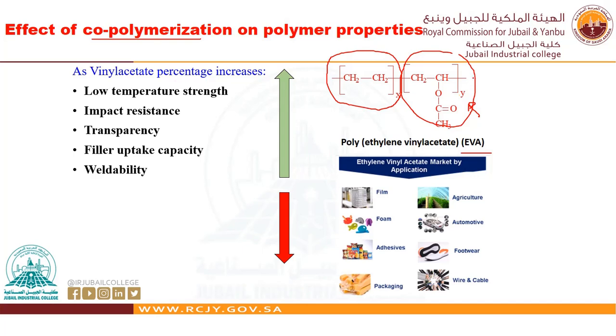As you increase the amount of vinyl acetate monomer, the low temperature strength will increase, impact strength will increase, transparency will increase, filler uptake capacity will increase, and weldability will also increase. But hardness, melting point, and barrier properties will all decrease as you increase the amount of the comonomer, vinyl acetate. And this EVA has different applications. The EVA is produced by Sipchem.